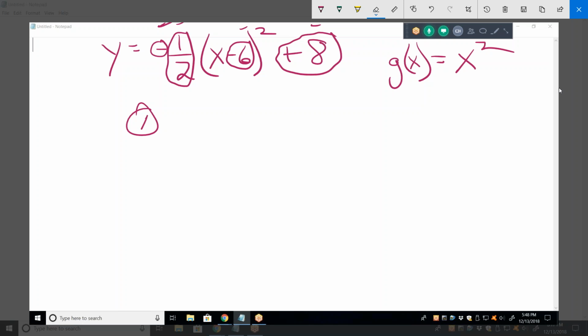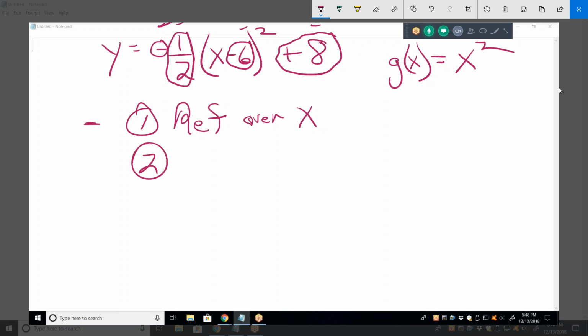That makes it a vertical reflection, which is a reflection over x. And always do your reflections first. The rest of the order, you can do any way you want. But if you're graphing this, you're starting with x squared, do a reflection first before you do these other 3 transformations. Okay, so that's the negative sign.